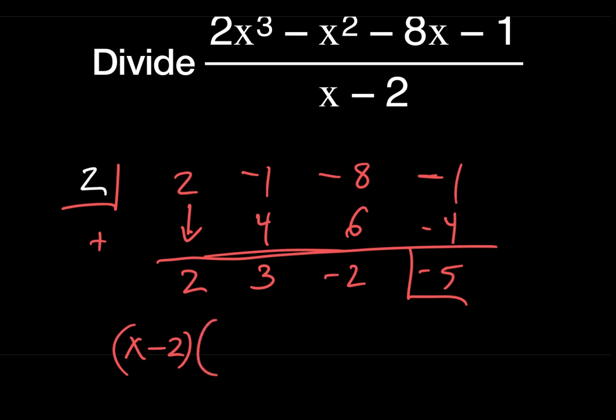And it left me with 2x squared. Whatever the highest power is, I'm 1 less now. And the next one is plus 3, and that's going to be an x. And then minus 2. And then what do I do with that remainder? Well, it's going to be minus 5 over x minus 2 because that's what I was dividing by.